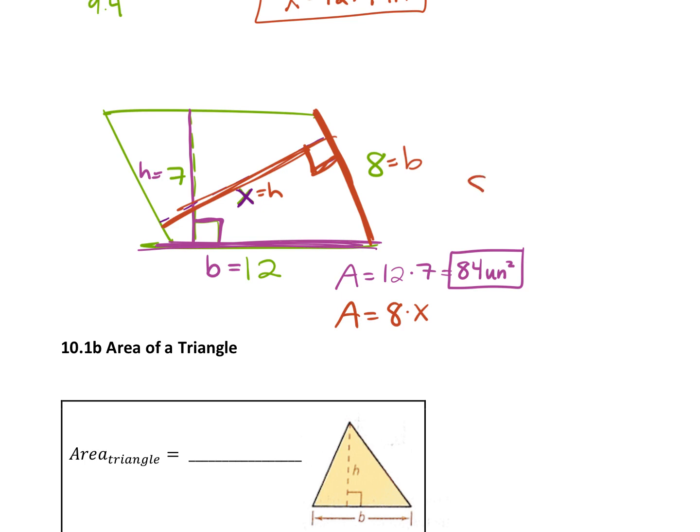So you would say 8x equals that same area, 84, and then you would divide. 84 divided by 8 is 10.5. So that means 10.5 units is the length of our x. You have to find the two that are perpendicular and multiply them every time. Good? Yes.